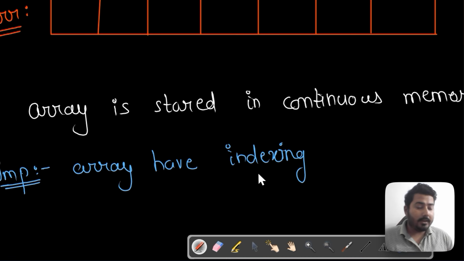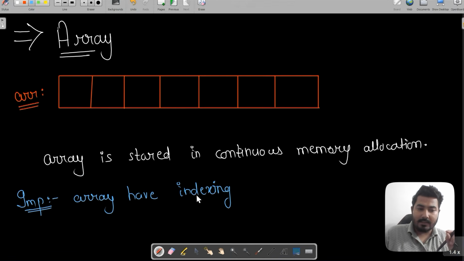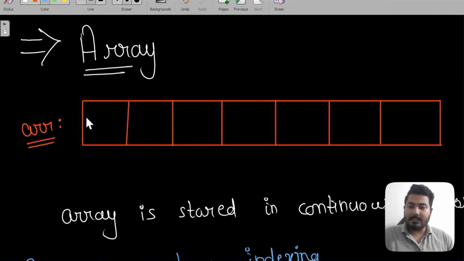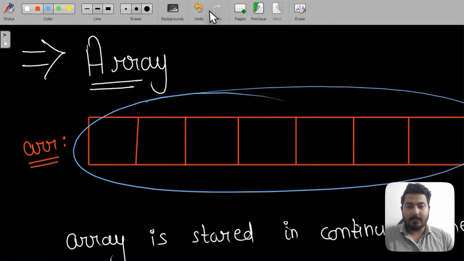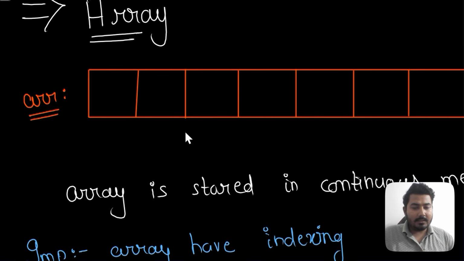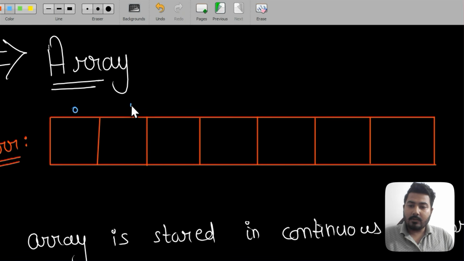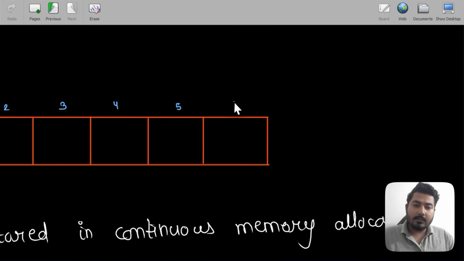Those who do not know about indexing, in a straightforward line, I can just tell you that indexing is invisible imaginary numbers, always and always starting from 0. That means, let's suppose this is an array. If we have this kind of array, its indexing always starts from 0. That means 0, 1, 2, 3, 4, 5, 6.